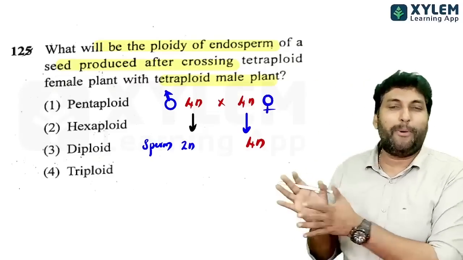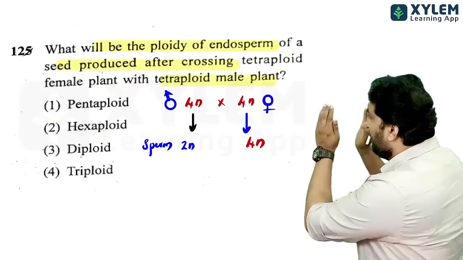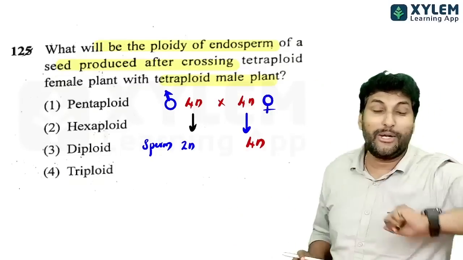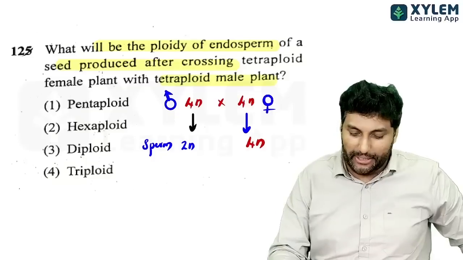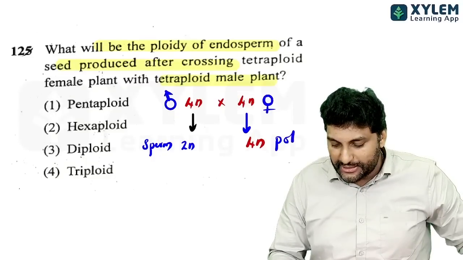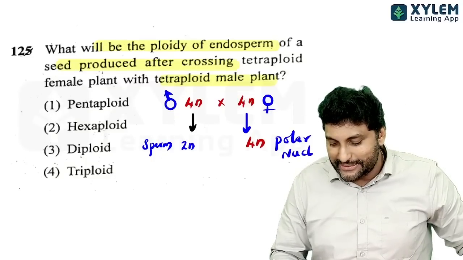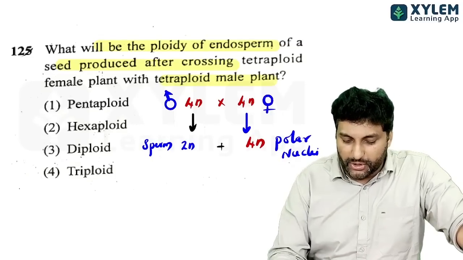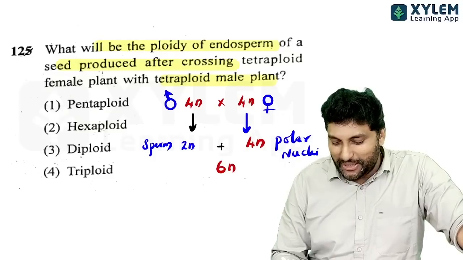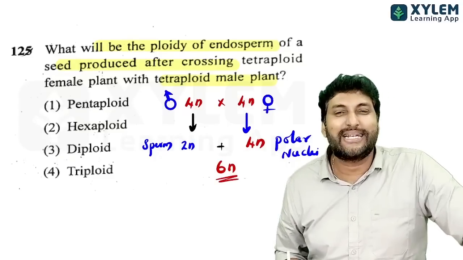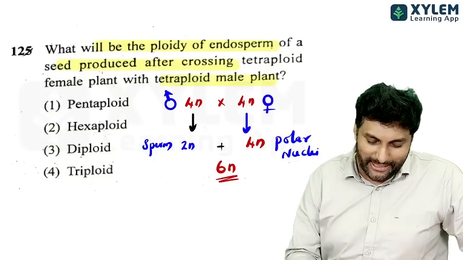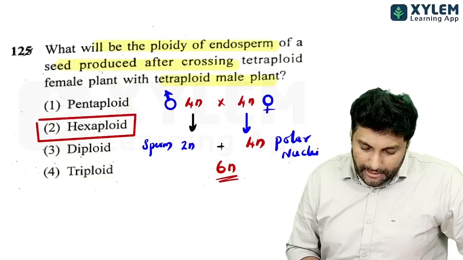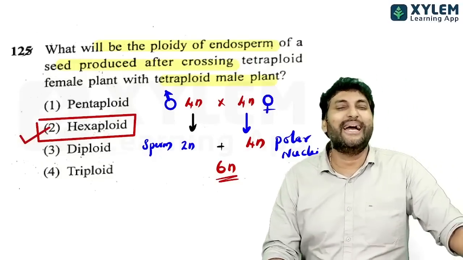If the plant is diploid, the polar nucleus will be diploid. If the plant is tetraploid, the polar nucleus also will be tetraploid. So the secondary nucleus is tetraploid. Okay, so we have to cross between them. So the right choice will be 4n plus 2n equals 6n. So the answer will be hexaploid.